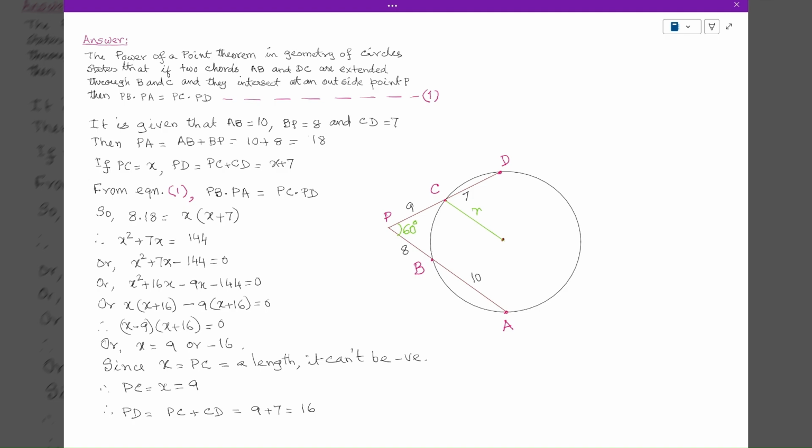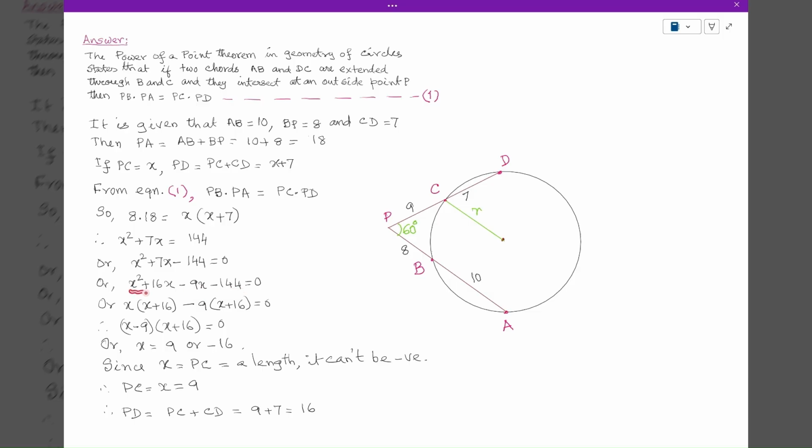Now, rearranging terms, we get x square plus 7x is equal to 144, or x square plus 7x minus 144 is equal to 0, or x square plus 16x minus 9x minus 144 is equal to 0.